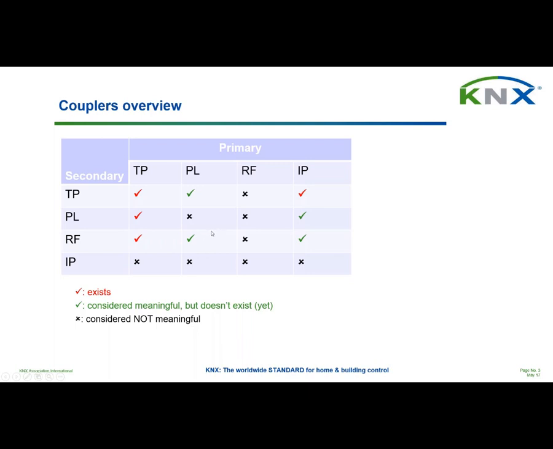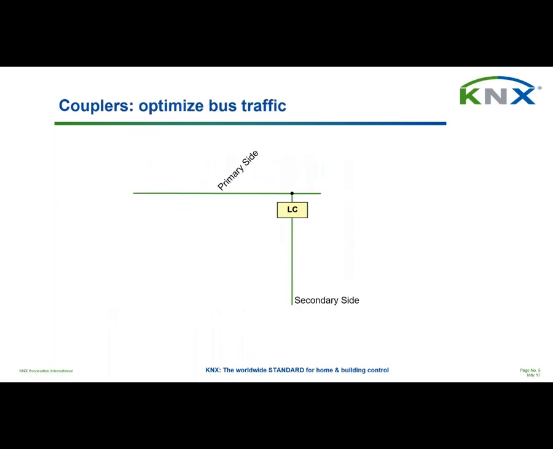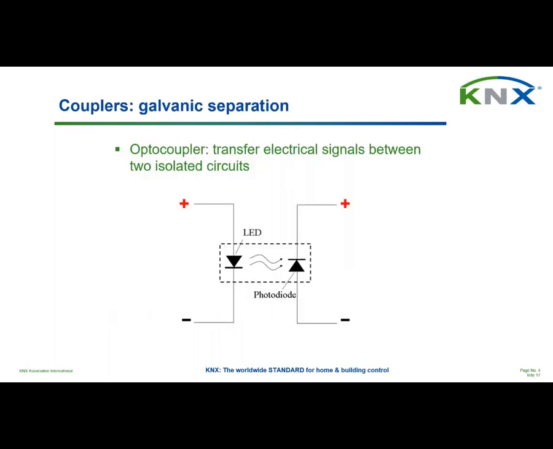There is no physical need for that because power line as such is already an open medium. So what's left as existing is twisted pair to twisted pair, from twisted pair to power line, from twisted pair to radio frequency, and from IP to twisted pair. And then the rest, you can see for yourself what could be meaningful, but not existing yet.